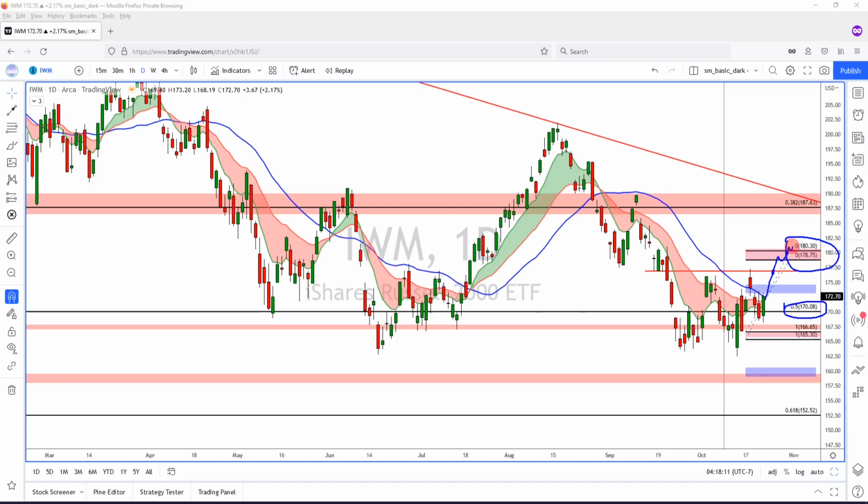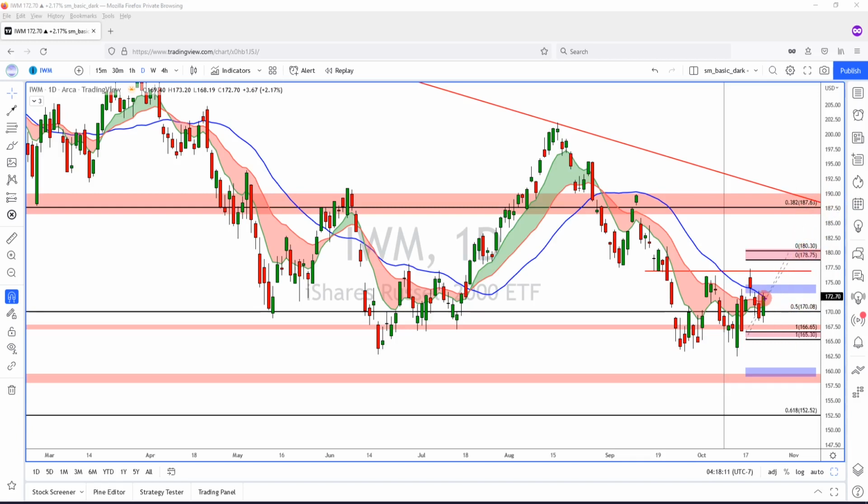And if it could get there, then look for a continuation and a possible swing up to this 38.2, or near this 187, 190 area, basically the 188, 190 area, as an intermediate-term swing trade possibility.